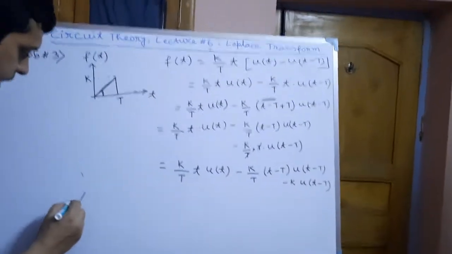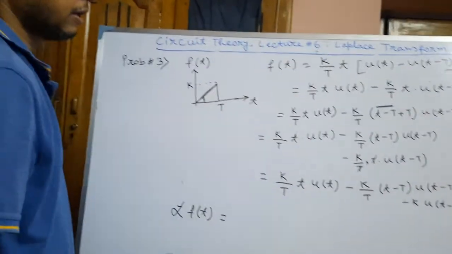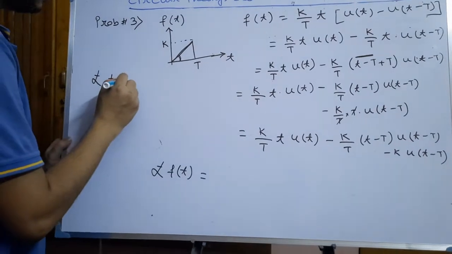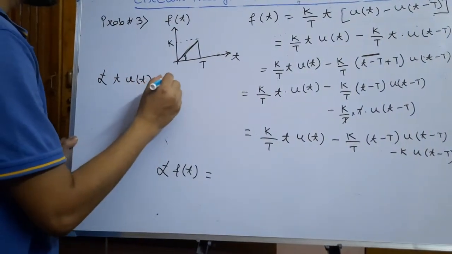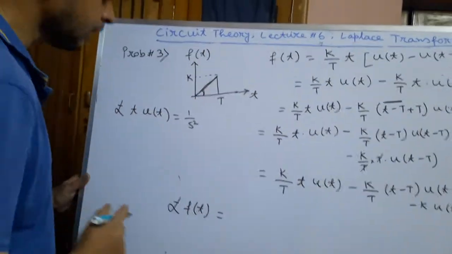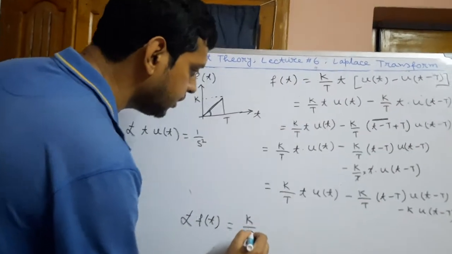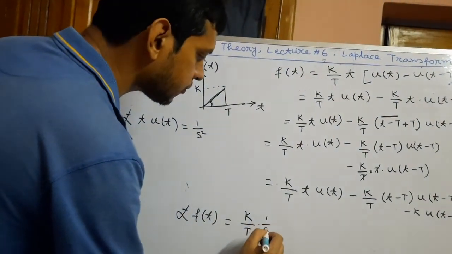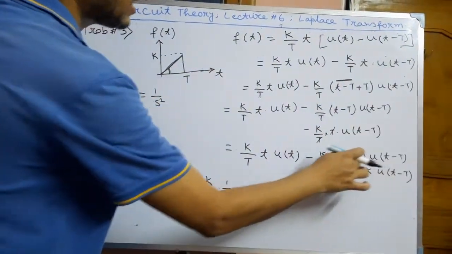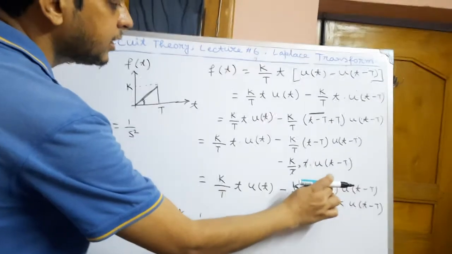Therefore the Laplace transform of this f(t) equal to what? We all know that the Laplace transform of t u(t) equal to 1 by s square. So the Laplace transform of this one equal to k by T into 1 by s square. Now these two functions are identical except this delay.